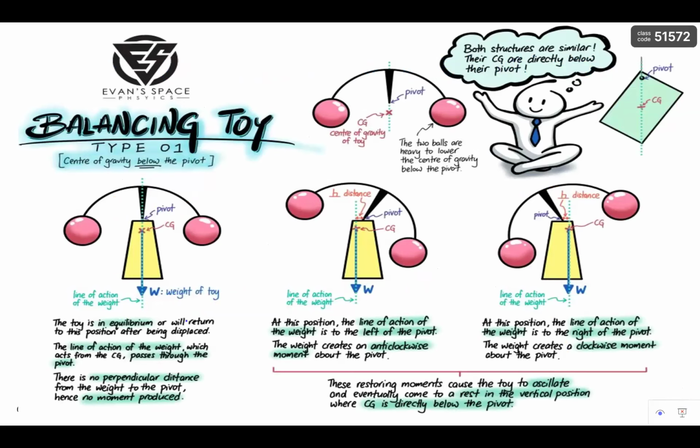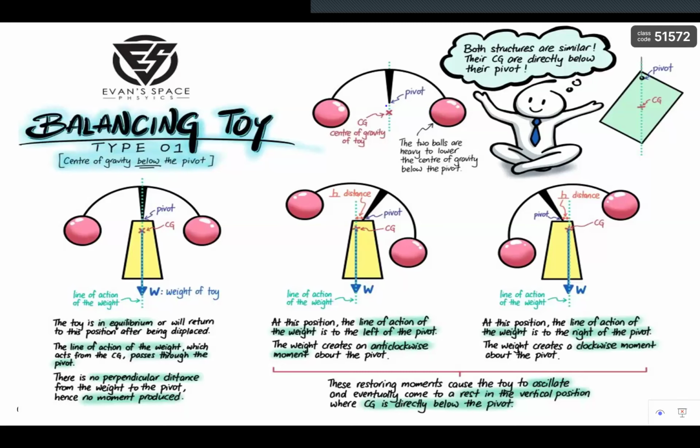The first type of balancing toy is when the center of gravity is directly below the pivot. So how is the center of gravity directly below the pivot of this balancing toy? This type of balancing toy usually has heavy weights at two ends, and the heavy weights are usually at the bottom. You can see that in this balancing toy, the two weights are sliding down over here, and the tip of the balance is slightly higher than these two balls.